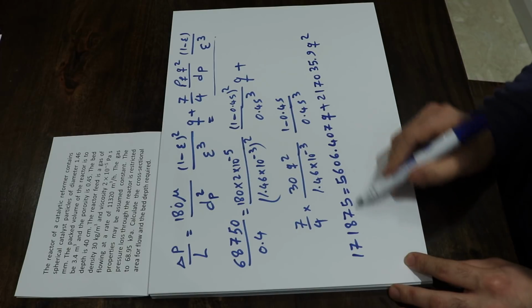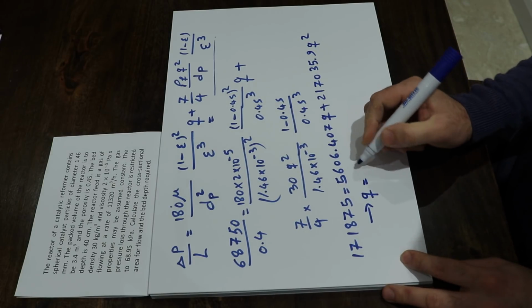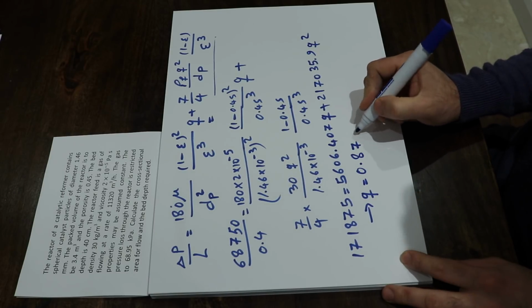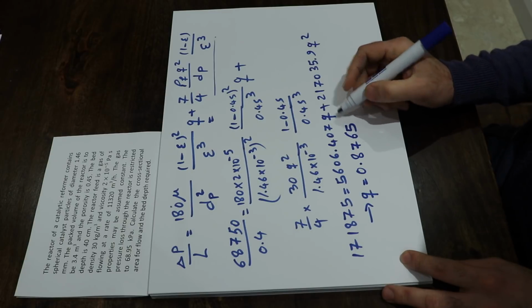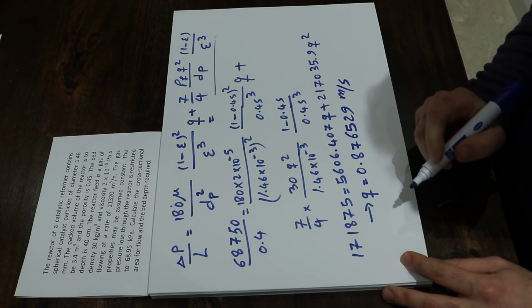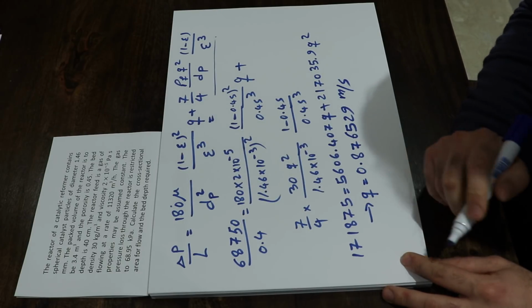And this equation you can simply solve, and you can calculate the Q value as Q equal to 0.876529 meter per second. But remember, the question was to calculate the cross-sectional area for flow, okay?